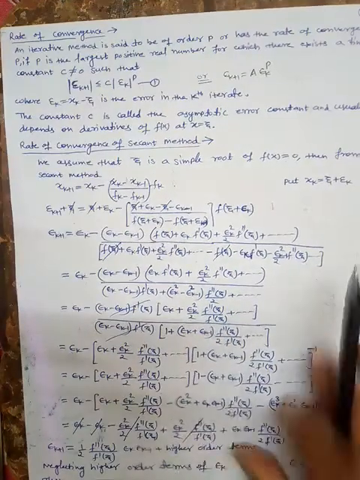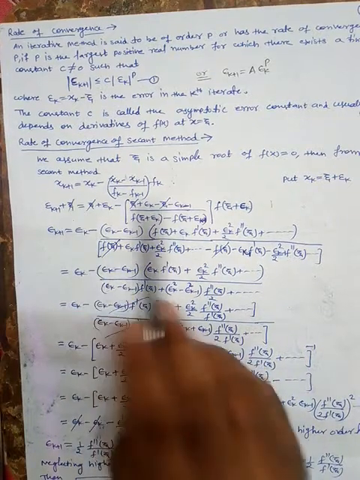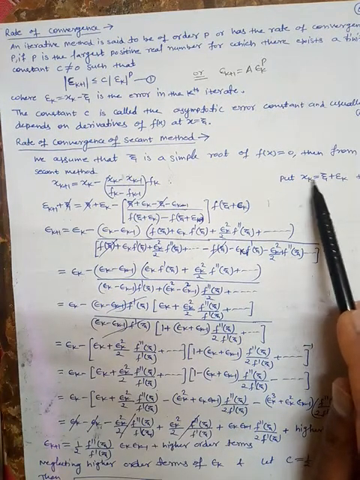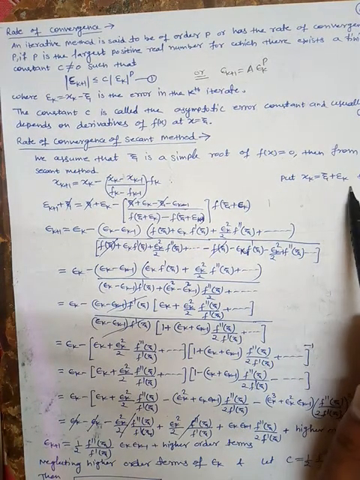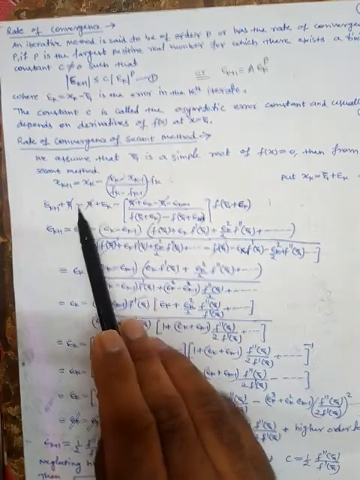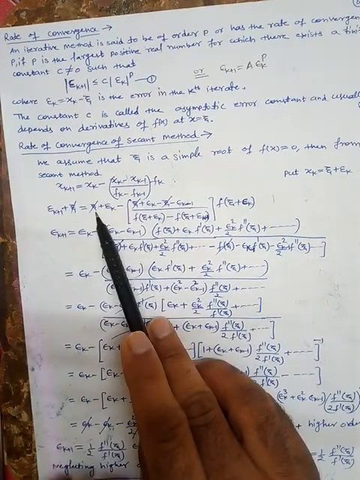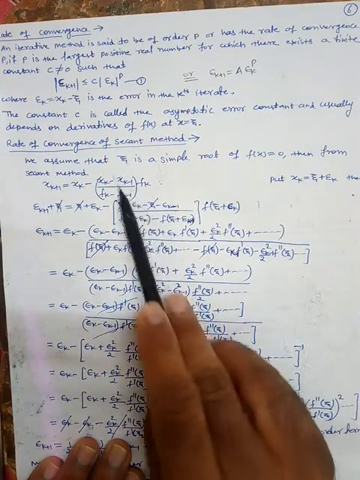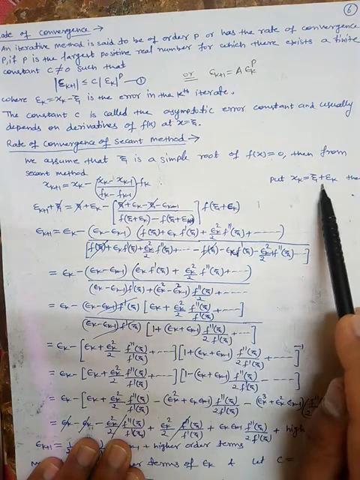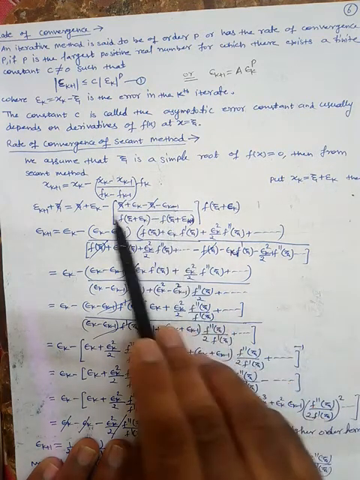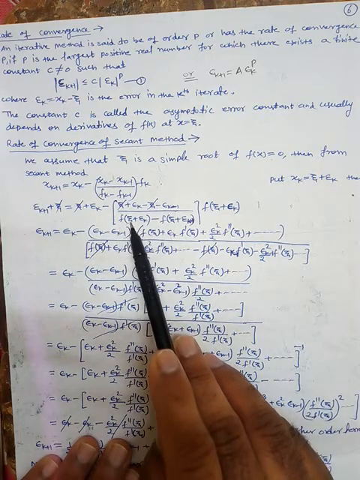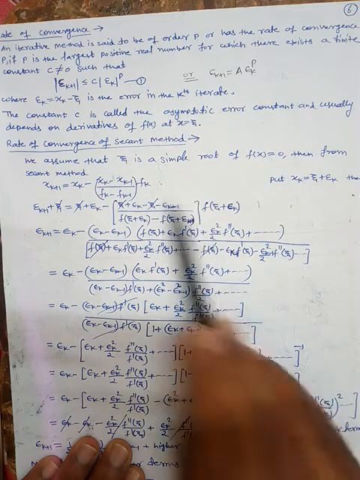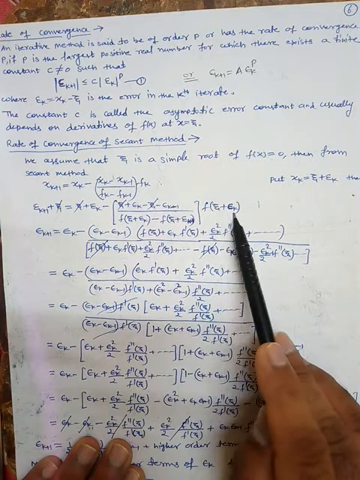Fine. Now when you substitute this value here, just increase the index by 1: xk plus 1 will be xi plus epsilon k plus 1. So this is written as equal to xi plus epsilon k minus, for xk minus 1, xi plus epsilon k minus 1, divided by fk minus fk minus 1, that is f at xi plus epsilon k minus f at xi plus epsilon k minus 1, multiplied by fk, that is f at xi plus epsilon k.